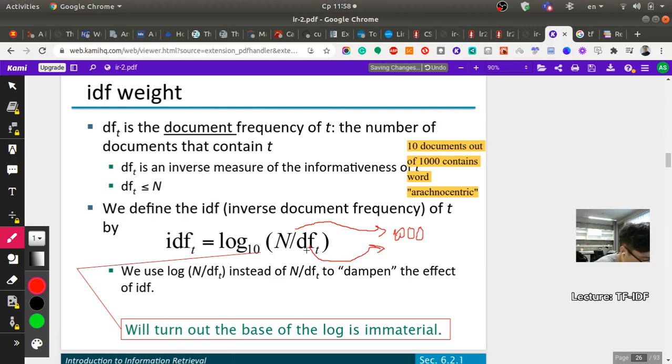So this is how many documents, 10, and we use logarithm, so this means that it will be 1 over 100. To find out the IDF, you divide this 1000 by 10, so it will be 100 actually, and you take the logarithm of this.